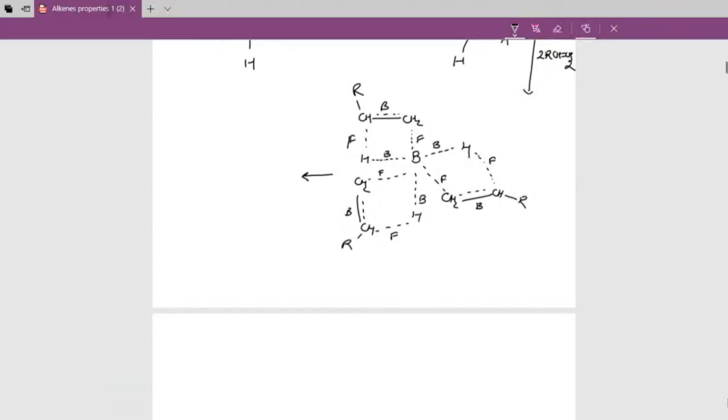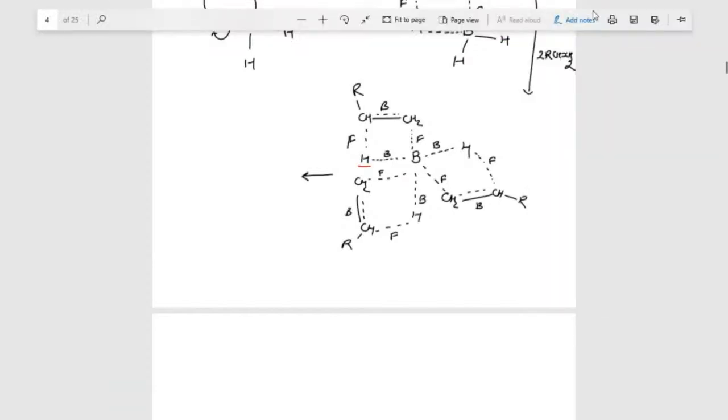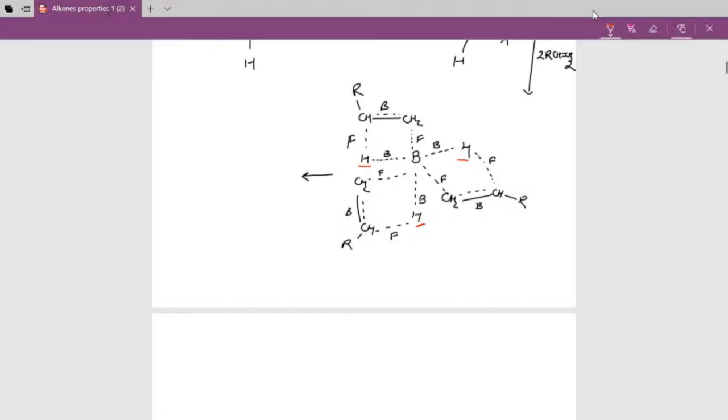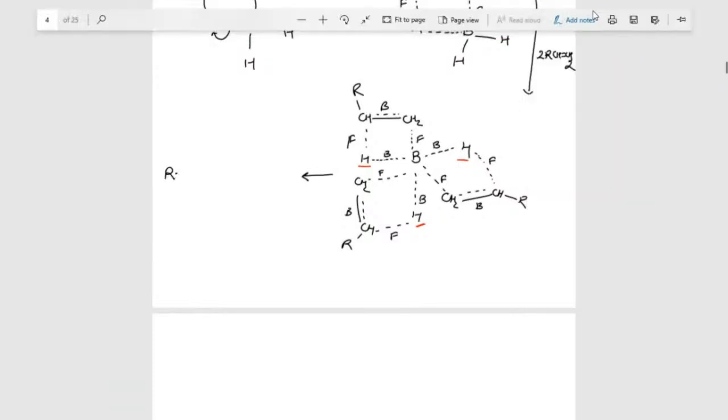And please let me tell you that we'll have this boron attached hydrogen which is going now to alkenes with a red color, just to keep track till the end of which hydrogen came from which reagent. So I can now write RCH=CH2.